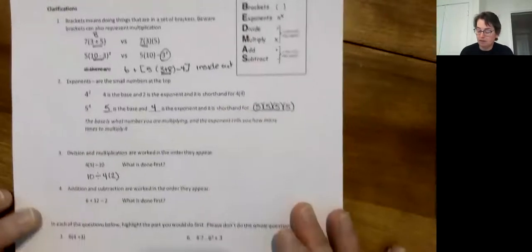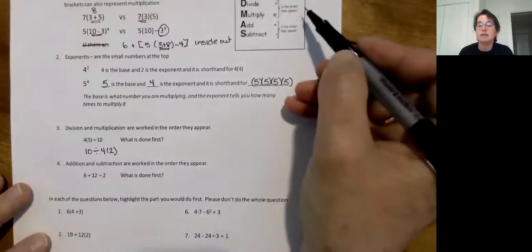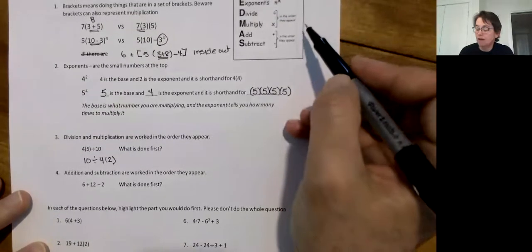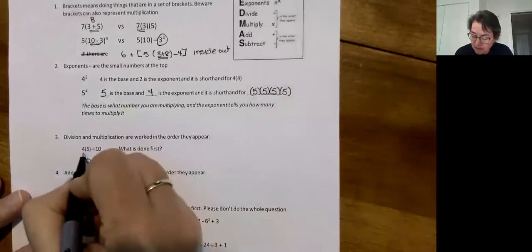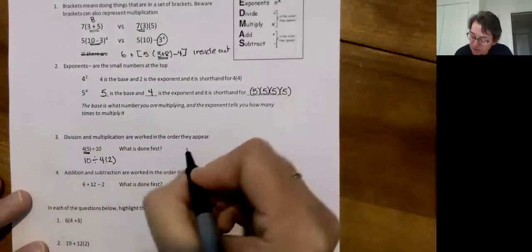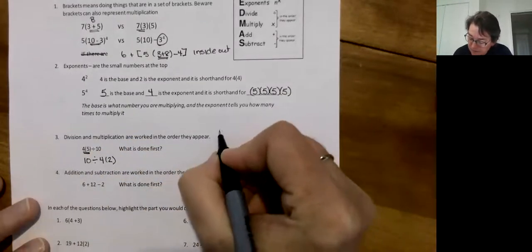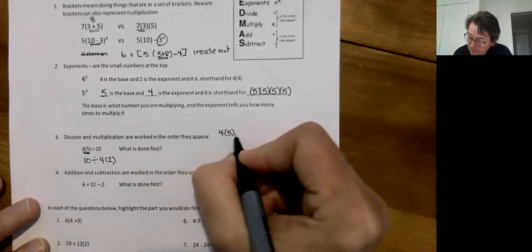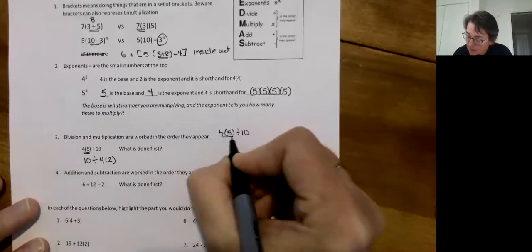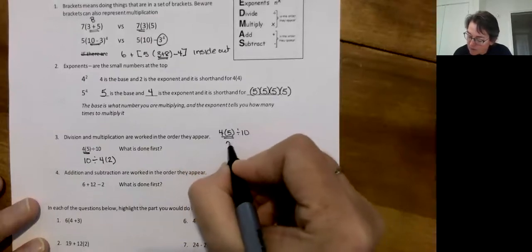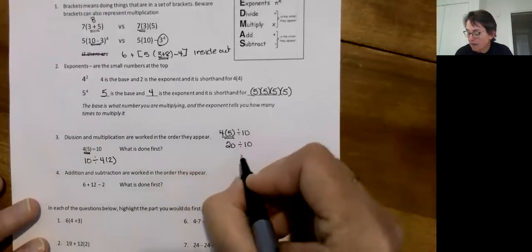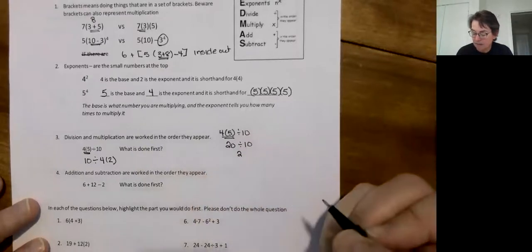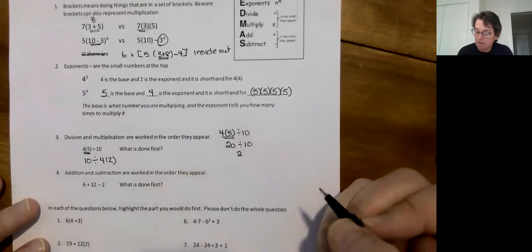All right, so for division and multiplication, just like it says on screen, you do it in the order they appear. So in this question, we would go 4 times 5 first. Let me just do it over here. This part's first, so 4 times 5 is 20. Divide by 10. 20 divided by 10 is 2. And there's your answer. So always read left to right.